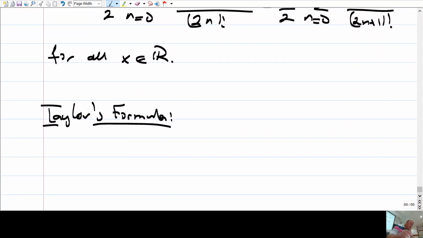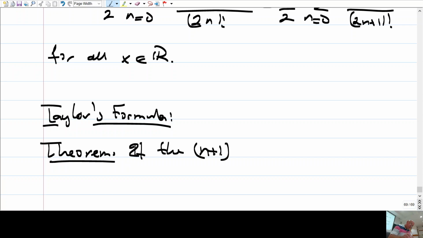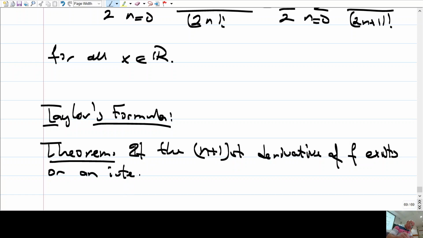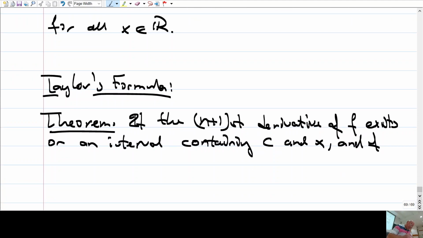Well, Taylor's formula is this theorem. If the n plus first derivative of f exists on an interval containing c and x, and if Pn of x is the Taylor, okay, so Pn of x is this.